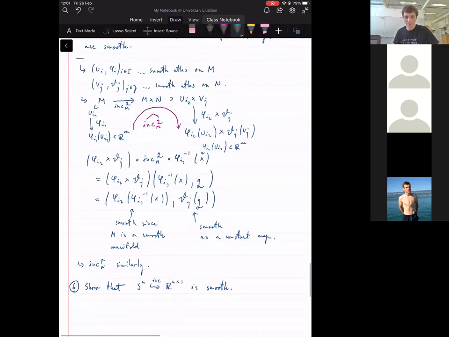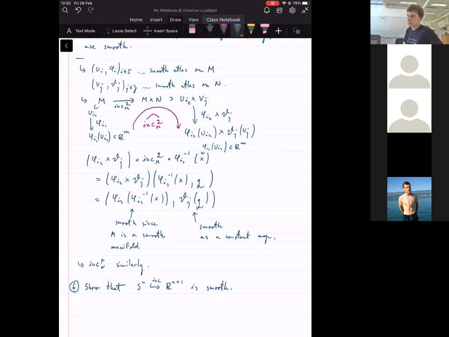Yeah, sure. All of this is what I had in mind when I said that a prerequisite knowledge is multivariable calculus, right? So all of the partial derivatives of a map must exist and they must be continuous. That's the definition.